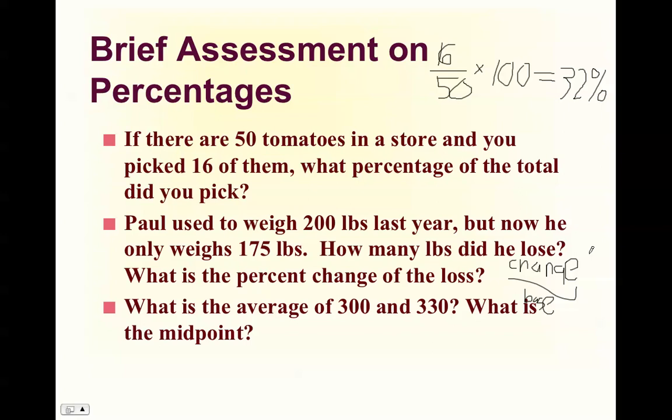The midpoint is the number that's right in between. That is also going to be 315. The midpoint, or the median, is where half of the numbers are greater and half of the numbers are less than the midpoint number. Okay, very good, and keep this in mind as I talk about percentages in the next section of the slideshow.